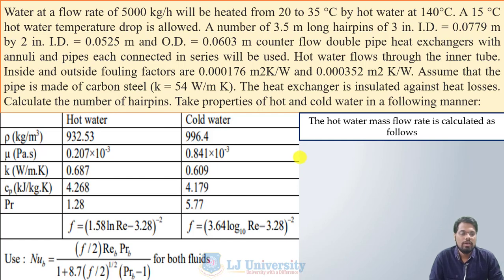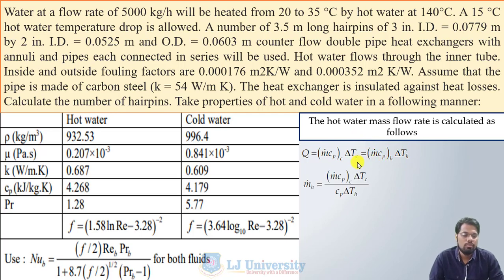Now the first thing is to find out the mass flow rate of the hot fluid. Here we know the flow rate of the cold fluid, which is 5000 kg per hour. We know the value of TC1, TC2, TH1 and TH2. So from the energy balance equation, we have Q is equal to m c delta T for the cold fluid and m c delta T for the hot fluid. So using this equation, we will get the unknown value of mH, which is the mass flow rate of the hot fluid.